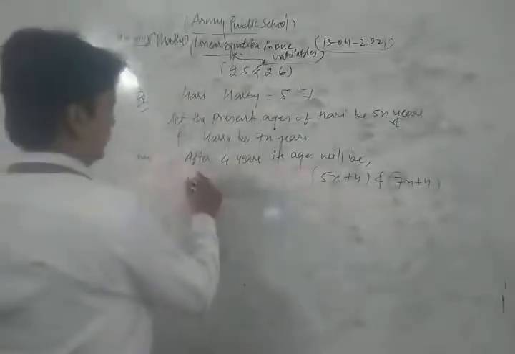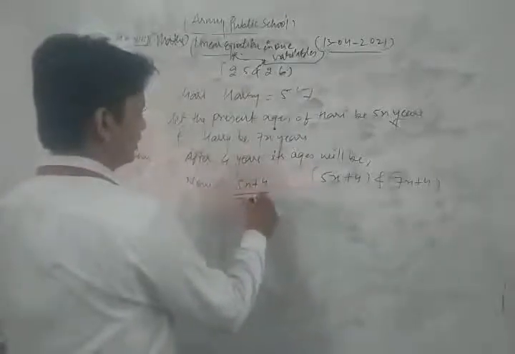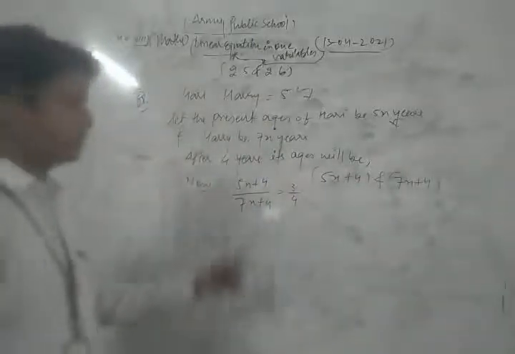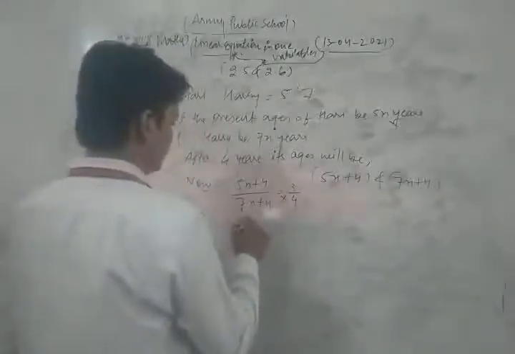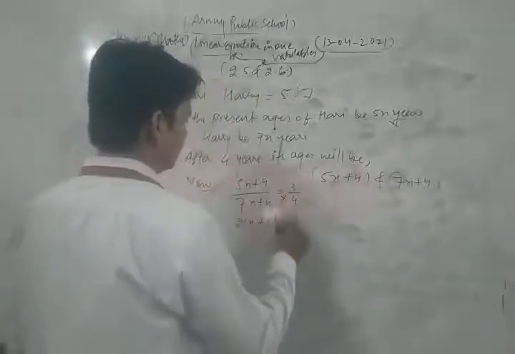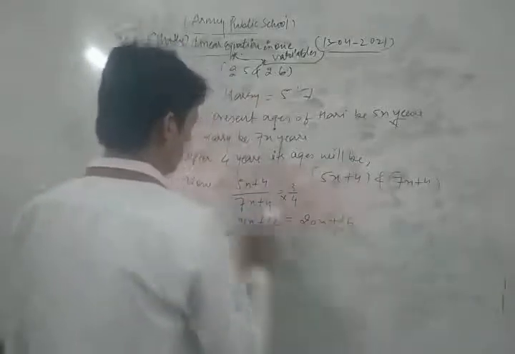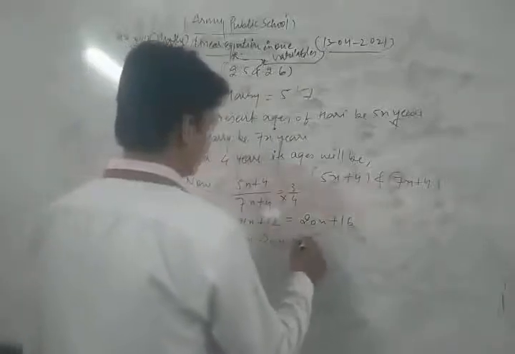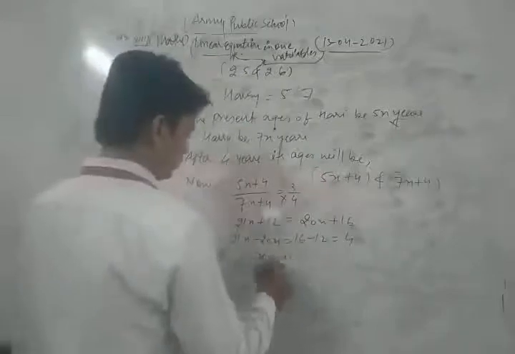Now according to the question their ages are in the ratio 3:4, that is 3/4. Okay, now we simplify them. Let's see, we do the cross multiplication. 21x plus 12 is equal to 20x plus 16. Okay, now this is 21x minus 20x is equal to 16 minus 12, which is 4. This is 1x. Okay, x is equal to 4.